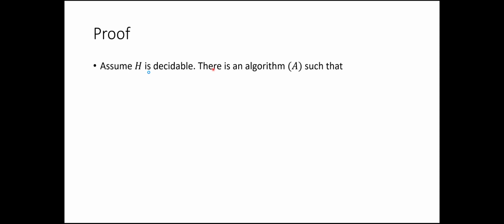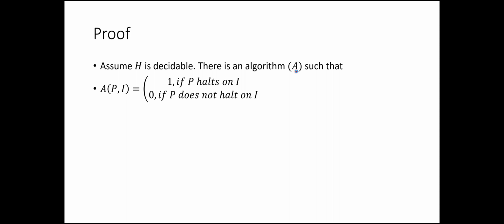Let's call this program, or algorithm, A. A solves the halting problem. A accepts two inputs, the program P and the input I. Since we assume A is decidable, it must output 1 if P halts on I, and it must output 0 if P does not halt on I.